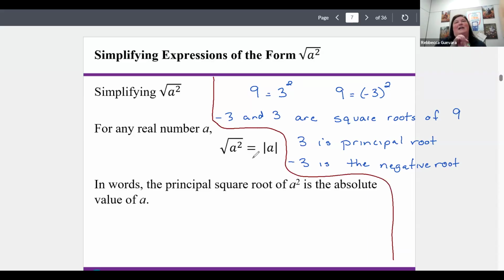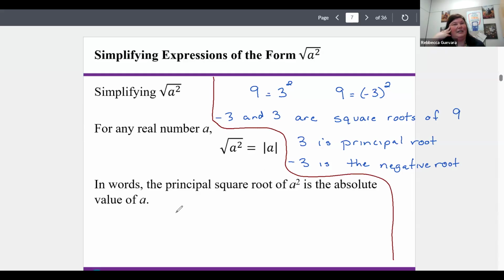But what this means is that when I have a number that is squared, because technically 9 is just 3 squared, but also -3 squared is also 9, we want to make sure that if I do the square root of a square, it comes out to a positive answer. So the square root of a squared is going to be the absolute value of a.